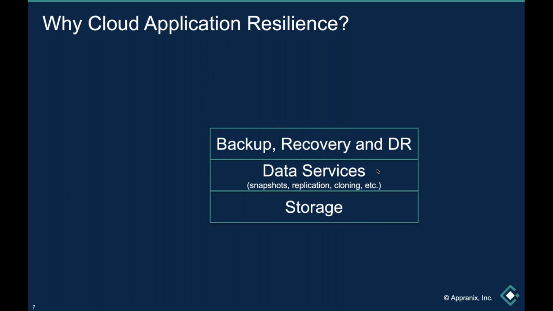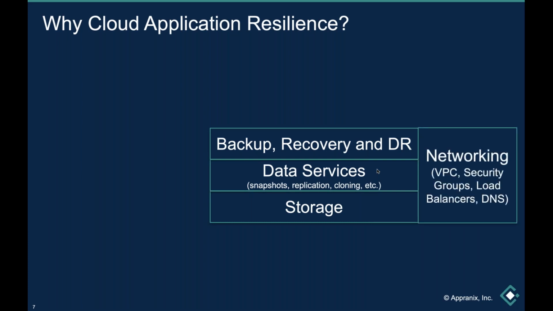If you could really test those systems consistently, every quarter, every month is too much, but every quarter at least, or every 6 months, you somehow get to that point. What people really forget is that there is a parallel infrastructure that's about networking, and a lot of these backup vendors that have supplied this vertical, the data services and backup and recovery and so on, never worried about the networking component of it.